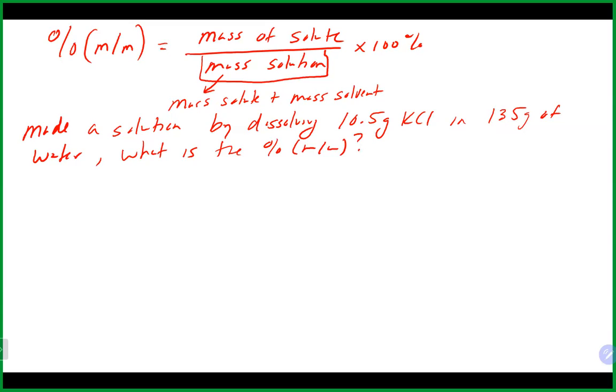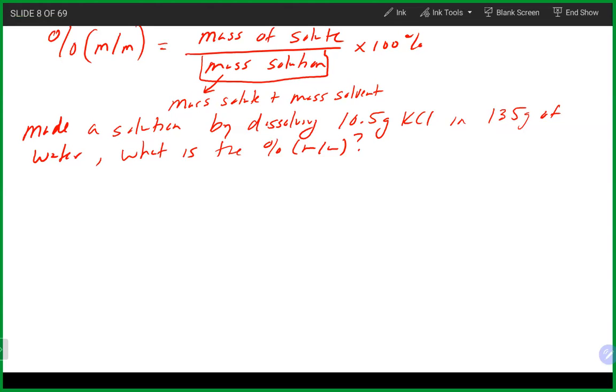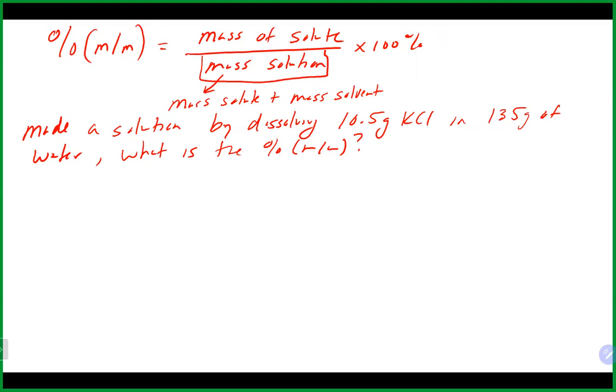If we look at this, first off, we want to identify what is the solute and what is the solvent. The solute in this case is the KCl, it's the smaller part here. So this would be our solute, and our water here would be our solvent.